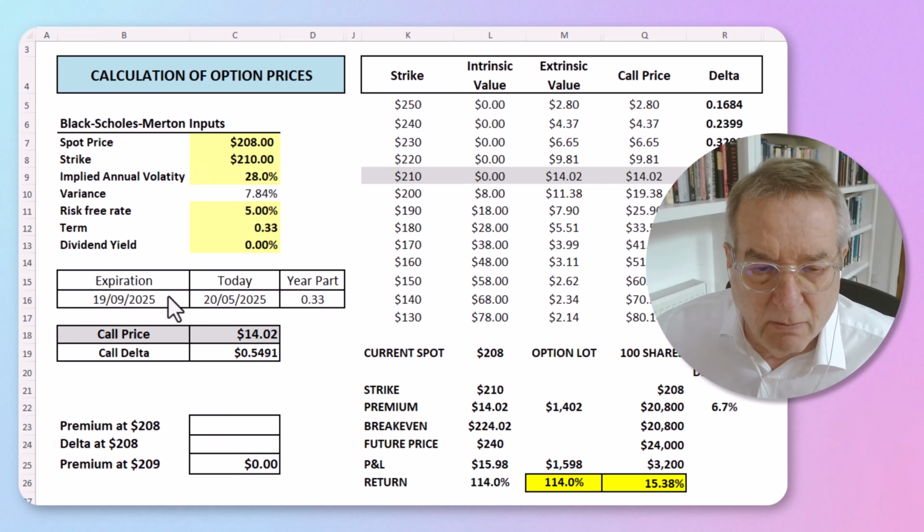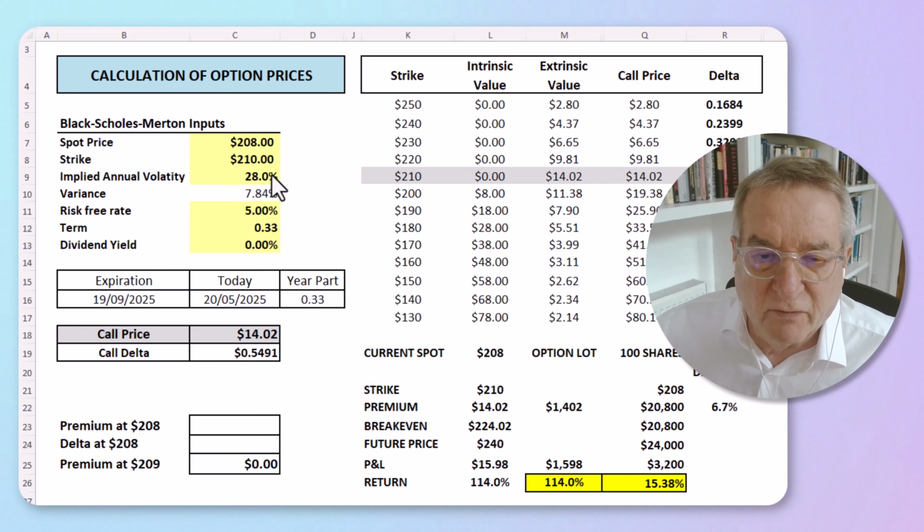The September expiration expires on the 19th of September. The current price, the spot price, based on this date here, the 20th of May, I've calculated the year part essentially between these two dates at 0.33, and I've plugged that into one of the inputs to the Black-Scholes model.